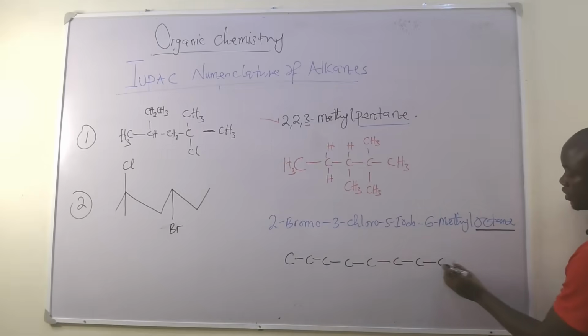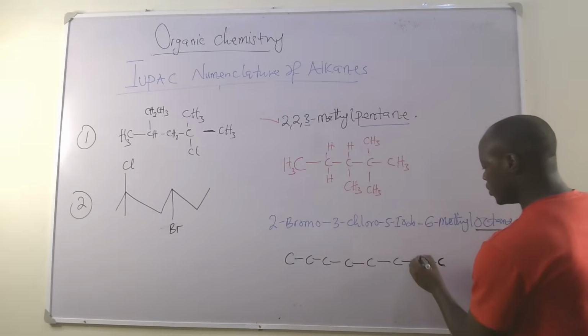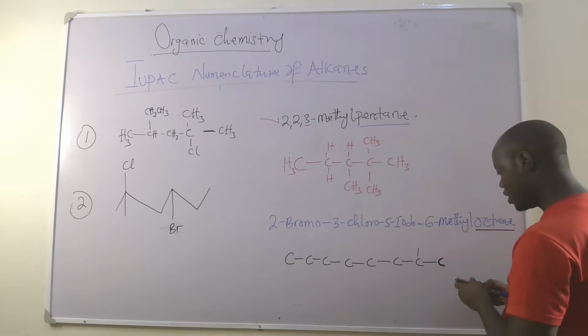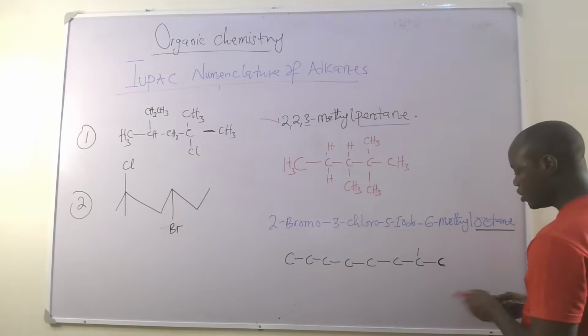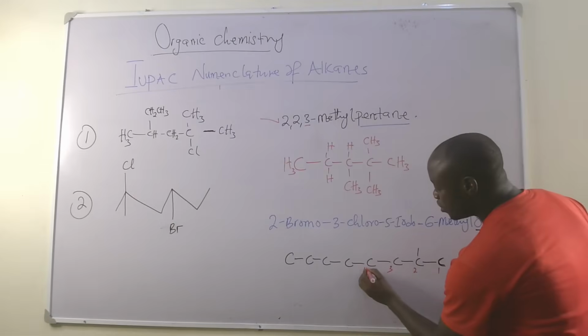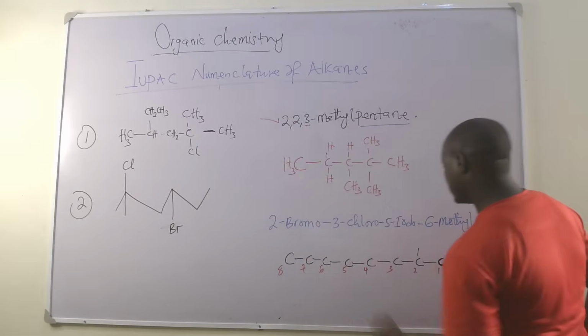So this is 8. At position 2, we have bromo, so we come here, this is 1, 2. You can even number the carbon in the compound. So we have 1, 2, 3, 4, 5, 6, 7, 8.